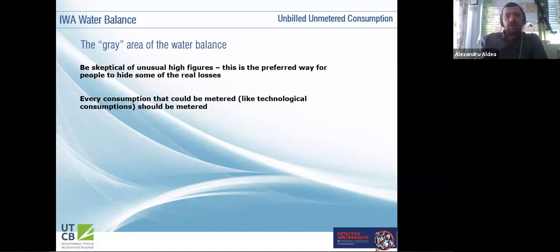Now, in order to have a better understanding or better accuracy, it is good that if you have a consumption that could be metered, then it should be metered. Technological consumption, for example. Here you will need a meter before the water treatment plant and a meter after the treatment plant.